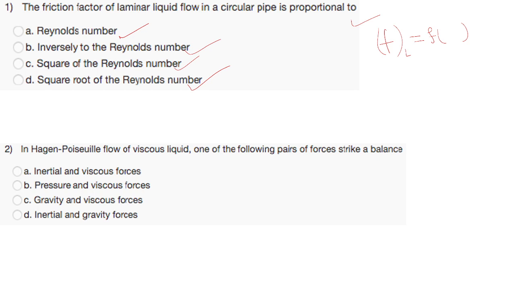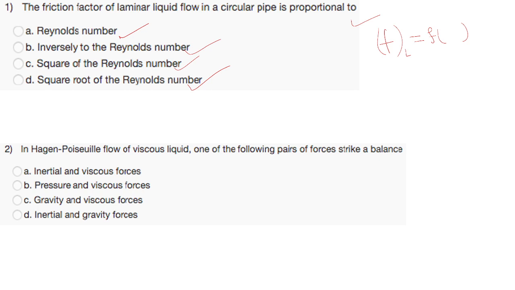If the friction factor in the case of turbulent flow, you have heard about the Moody's diagram. What is the Moody's diagram? For calculating the friction factor in turbulent flow, we basically use the Moody's diagram for different roughness values of the pipe.